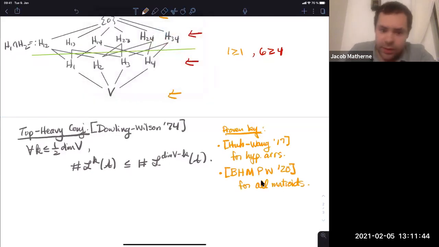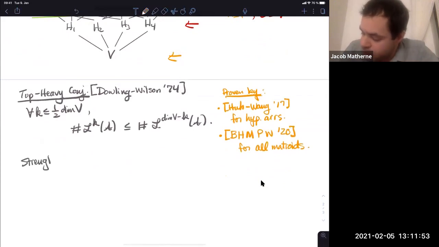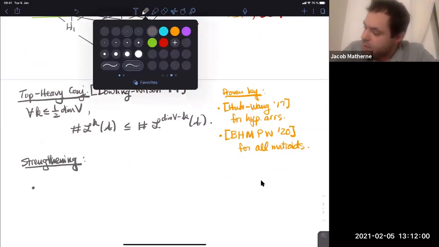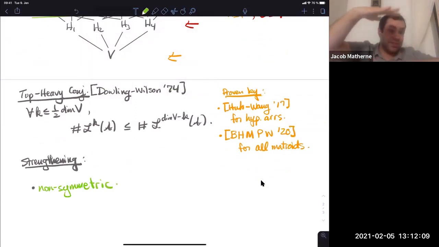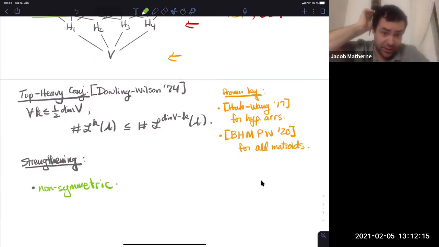Let me mention that there's a strengthening of this, which we can also prove. This can be non-symmetric. The way I stated the top-heavy conjecture is that I go down some number of levels and compare it to the complementary rank. So there's some symmetry here. But I don't have to be so symmetric.